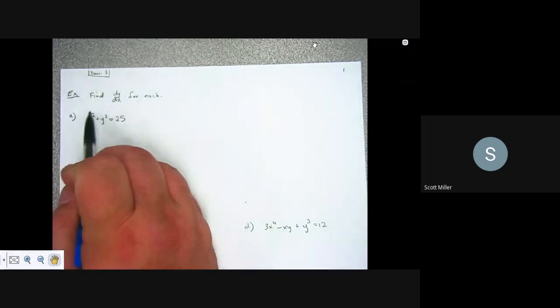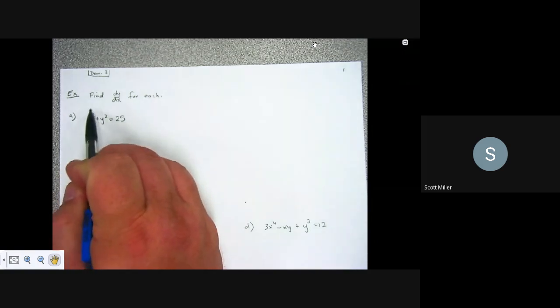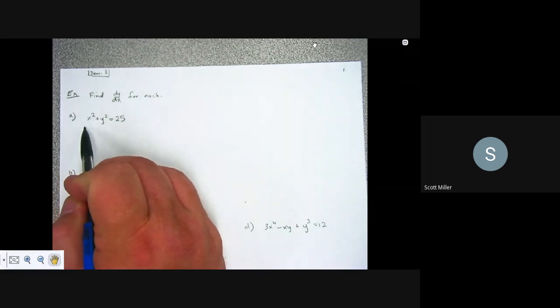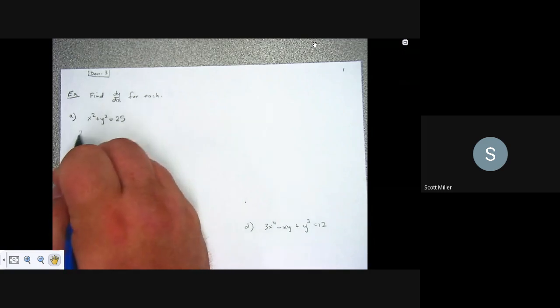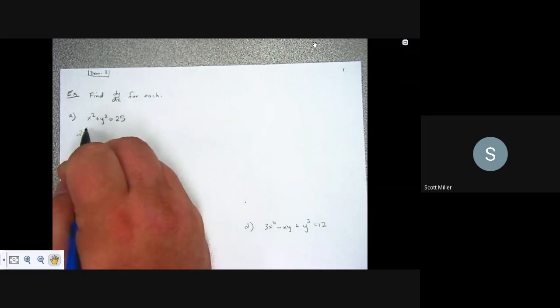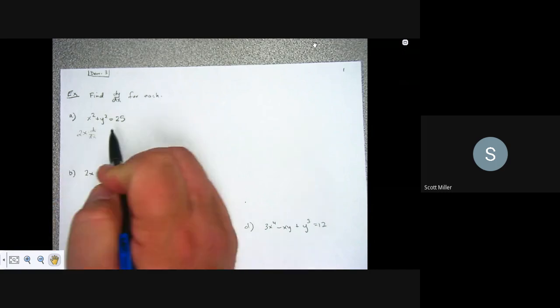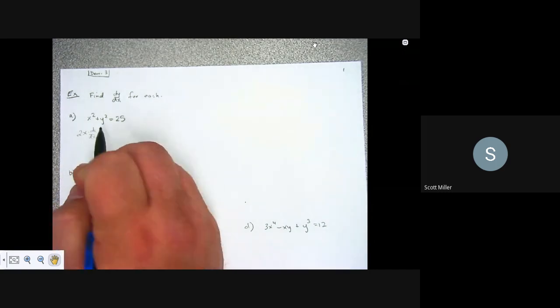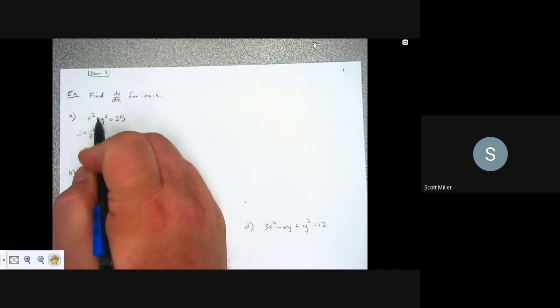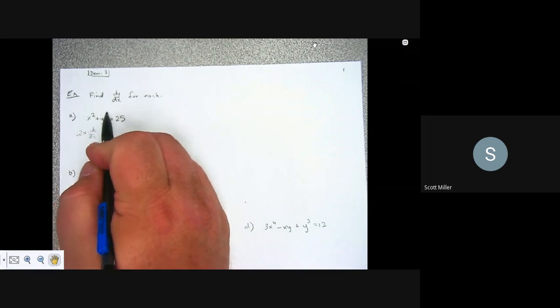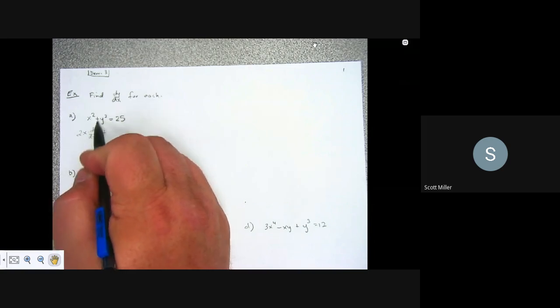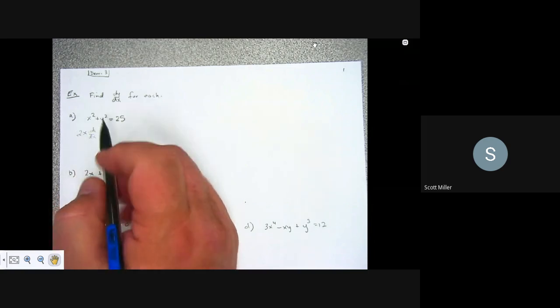So if I look at just this term right here, what is the derivative of x squared with respect to x? Well, that is 2x, lower the power by 1, times dx dx. Plus, now I'm going to look at just this term. What is the derivative of y squared with respect to x?